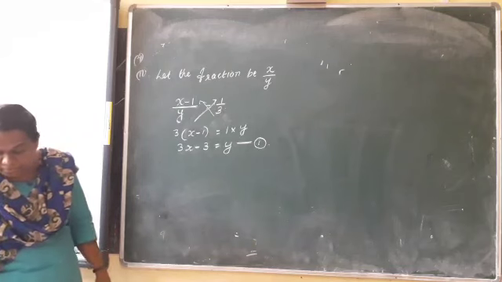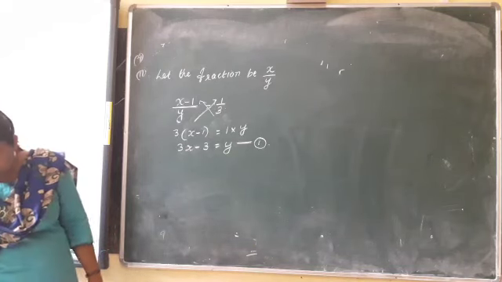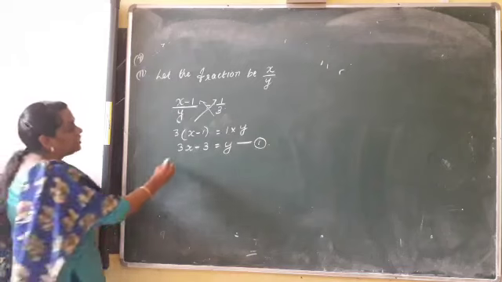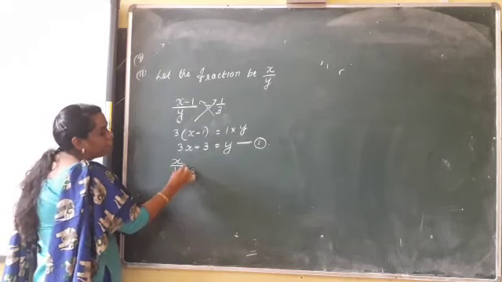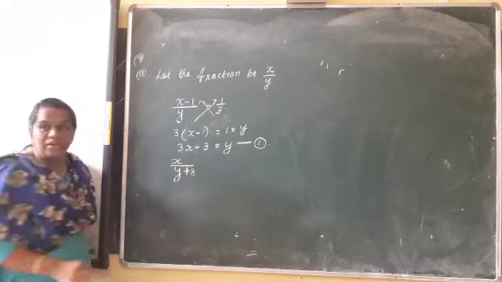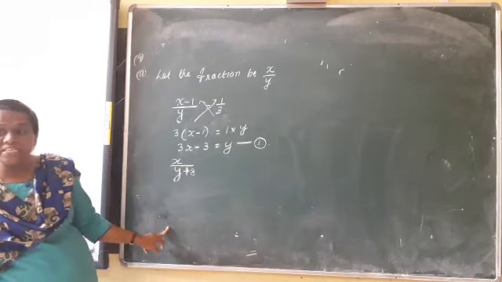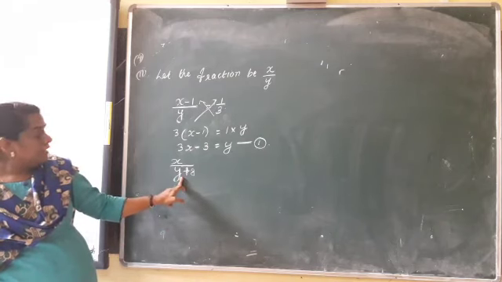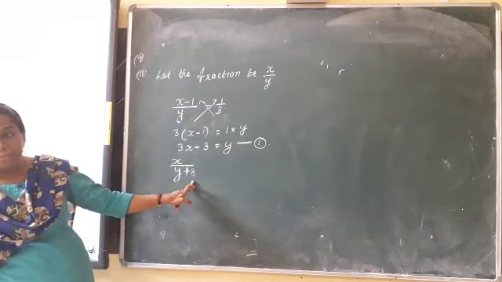Read the second statement for the second equation. It becomes 1 by 4 if 8 is added to its denominator. Y is the denominator. If 8 is added to the denominator, it is x by y plus 8.